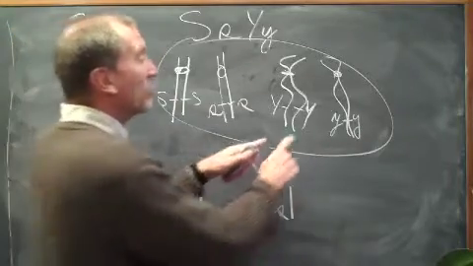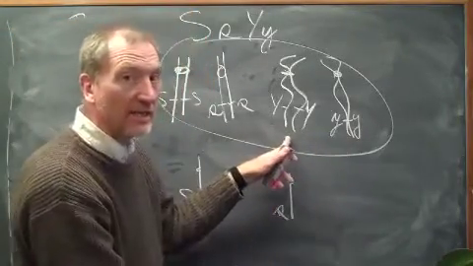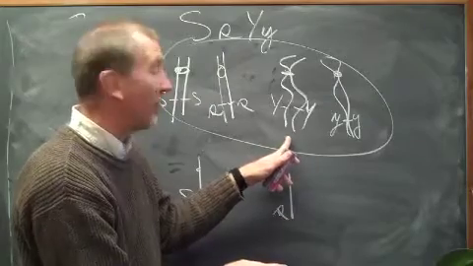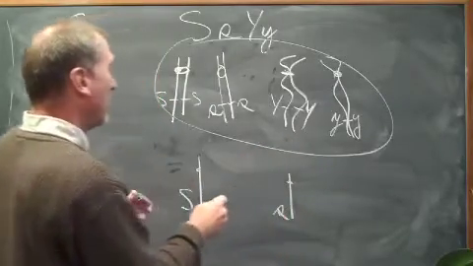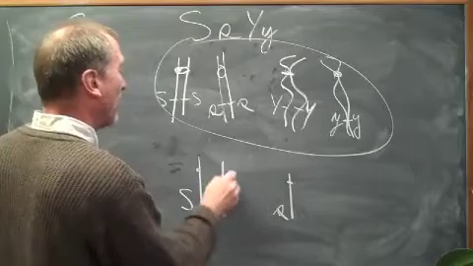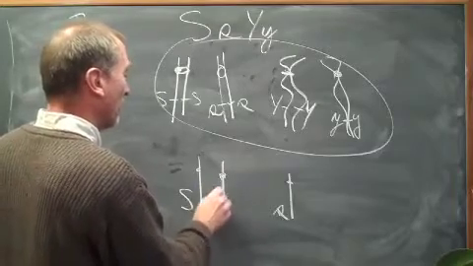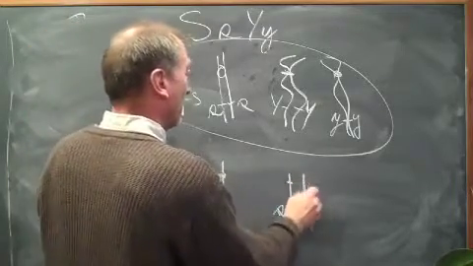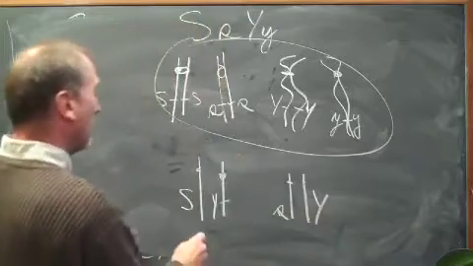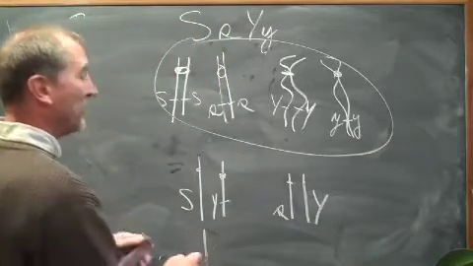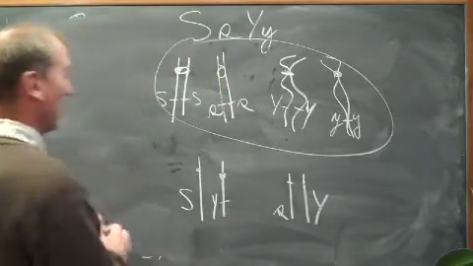And there are two types of Y gametes that can come out as well. And so we can have either big Y or little y.